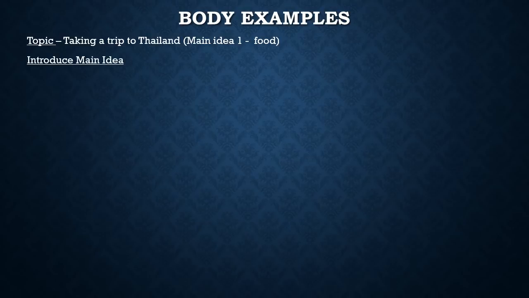Here we go. Okay, let's start with delicious food from all over Thailand, all right? Something simple, all right? So this is probably going to be almost exactly how you stated it within the introduction, right? So when you're listing your main ideas in the intro, this is going to be the same thing. You have to reintroduce that main idea, okay?